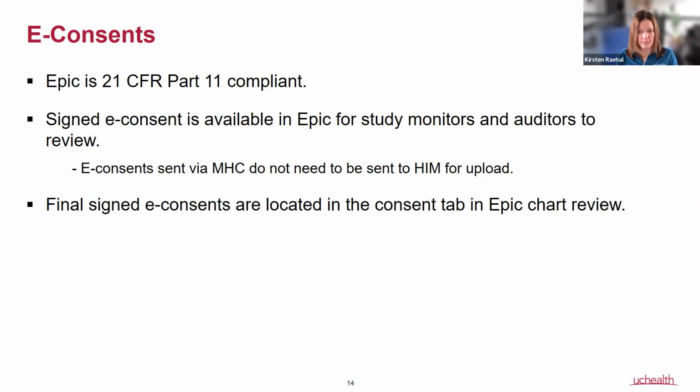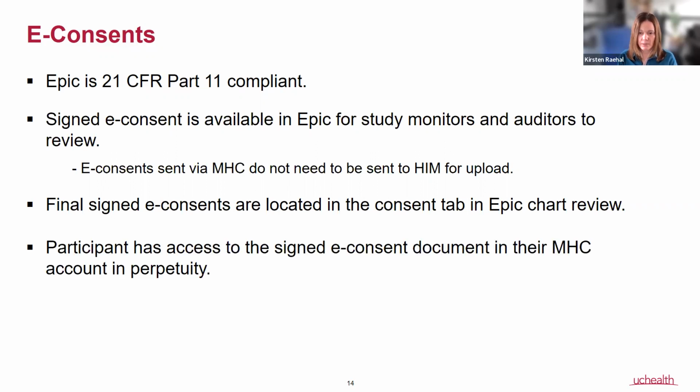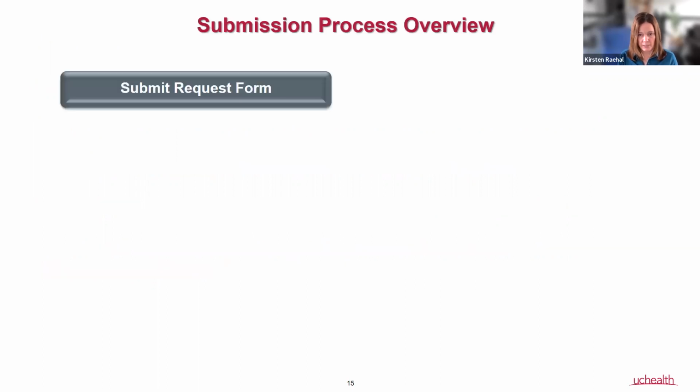Final signed e-consents are located in the consent tab in Epic Chart Review, so they're readily accessible. And then participants have access to the signed e-consent document in their My Health Connection account in perpetuity, so they can always go back into their account, review it, download it, print it at any time.